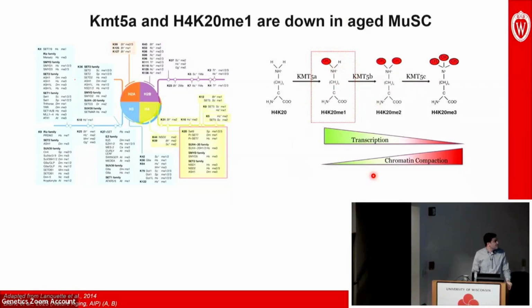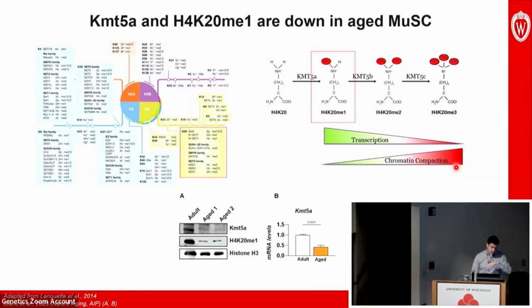As a general rule of thumb, even though it's not super studied, monomethylation is associated with open chromatin and transcriptional activity, while the trimethylated form is really heavily compacted chromatin, usually constitutive heterochromatin, so really, really dense, silenced regions.